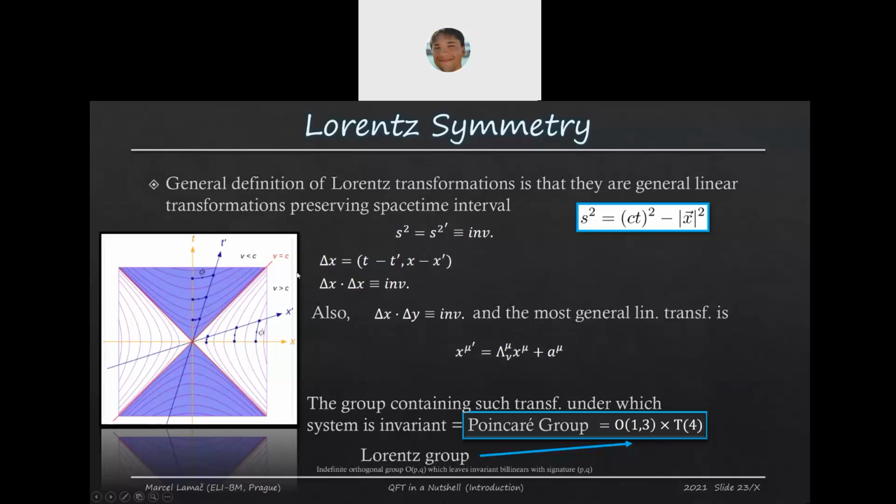This is a nice picture over here, where, for example, we can see from the point of view of the old coordinate system how the new coordinate system looks.